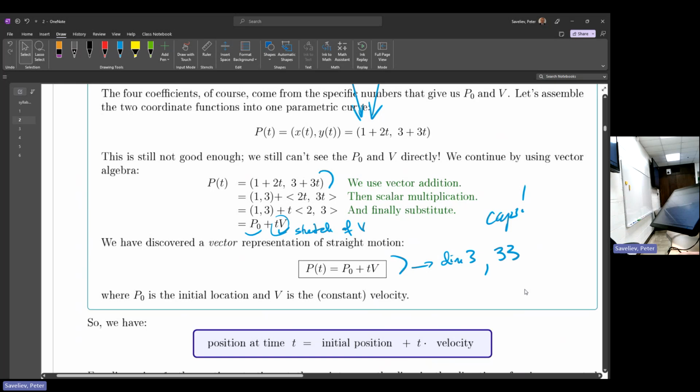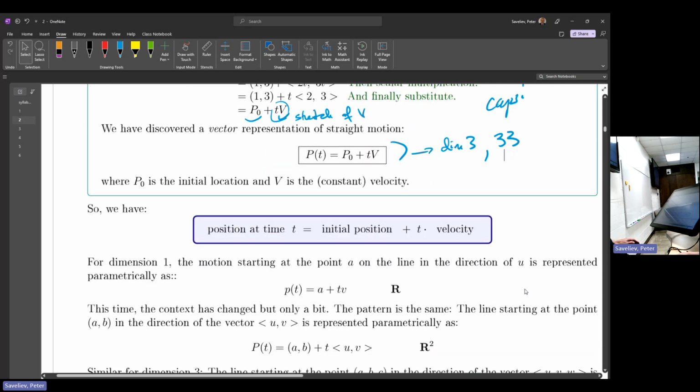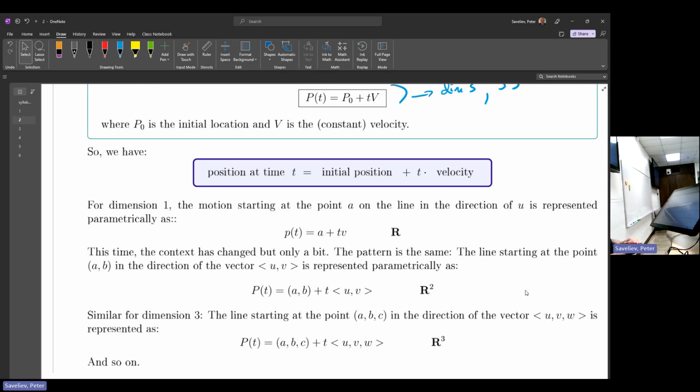Okay, so linear motion: position at time t is initial position plus t times velocity. Once again, relying on algebra, here is a string of generalizations. Dimension 1, a plus tb, that's calculus 1. Then the one we just did: a, b is the initial point, plus t times the velocity vector gives you the next location, as well as the rest of the locations. What's the difference if we go to dimension 3? Not much.